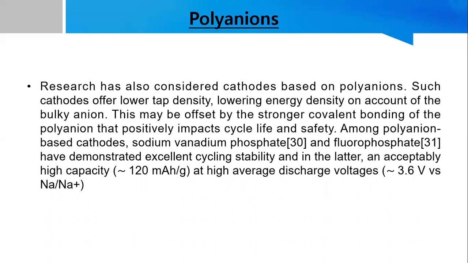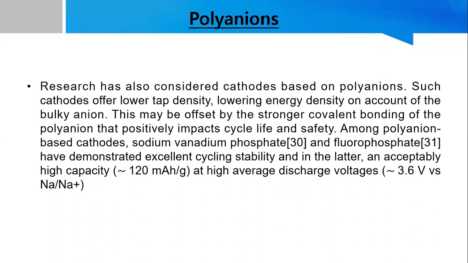Polyanions. Polyanions can also be used as a positive electrode material. Research has also considered cathodes based on polyanions. Such cathodes offer low tap density, lowering the energy density on account of the bulky anion. This may be offset by the stronger covalent bonding of the polyanion that positively impacts cycle life and safety.